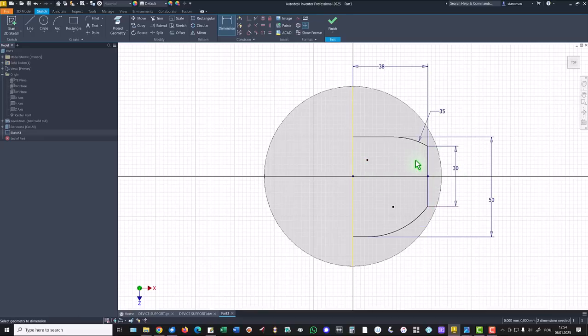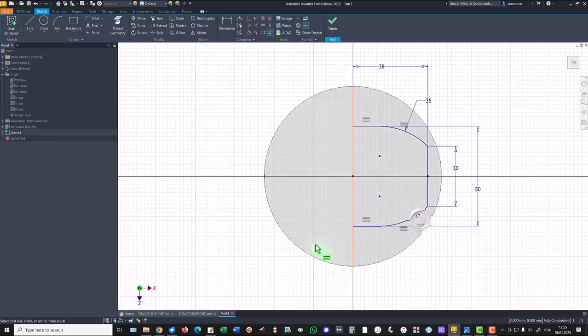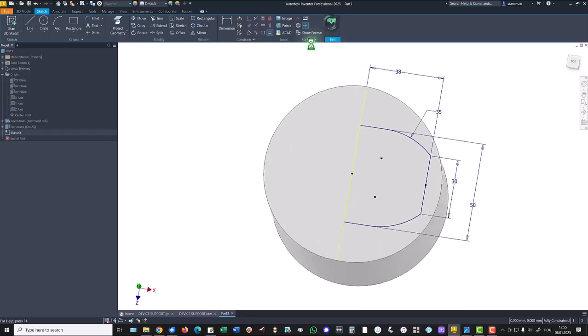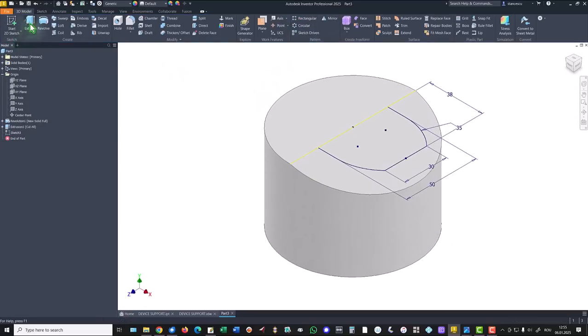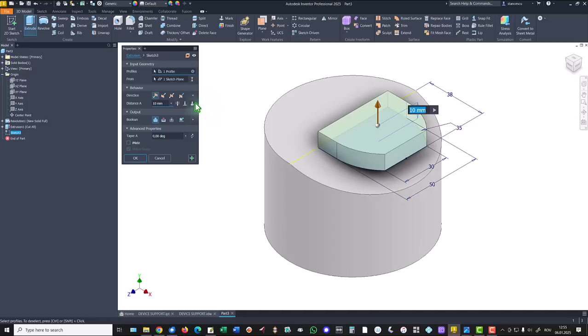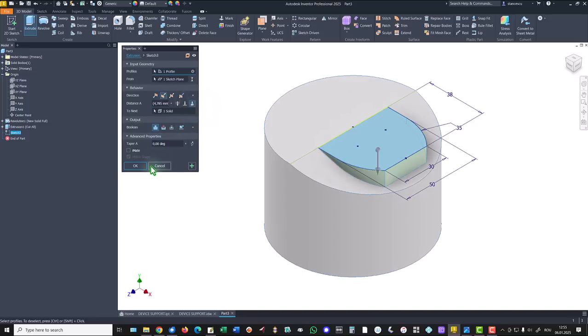This is not symmetric. I make equal this line and this line. And I also make equal these two. Now we have a symmetry here. Finish sketch, extrude to the part. Okay.